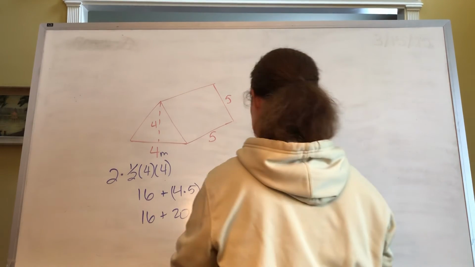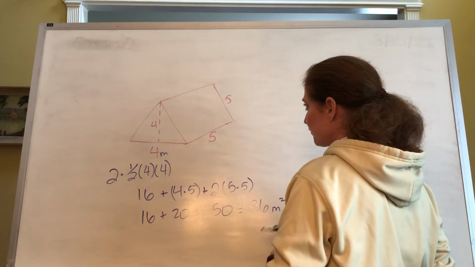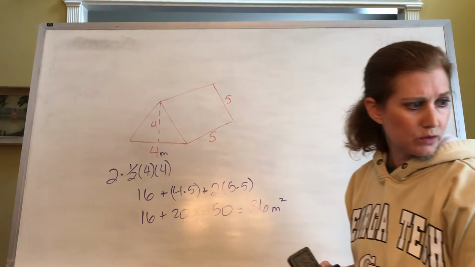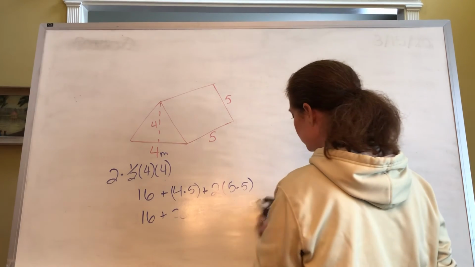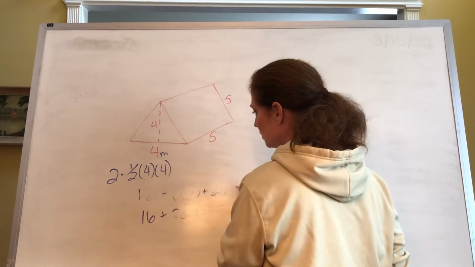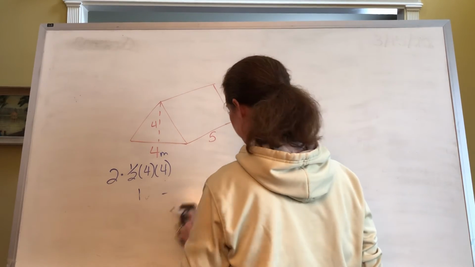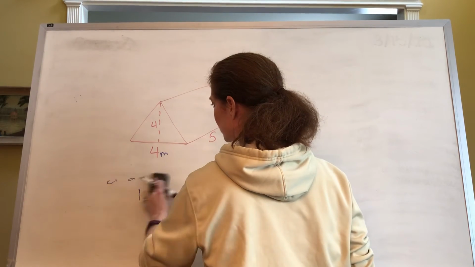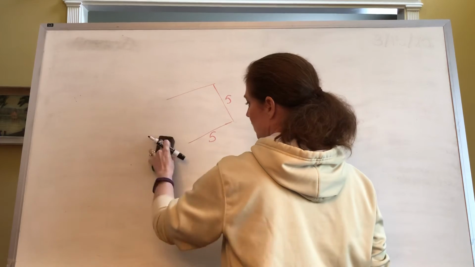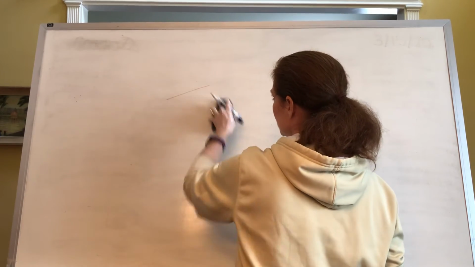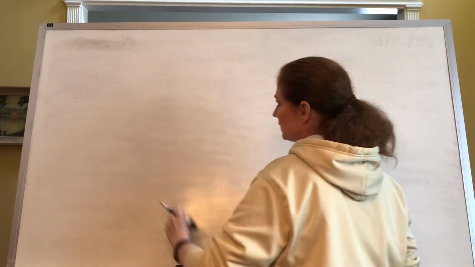Last lesson is about equations and just solving for different variables. So we know the area of a rectangle is length times width.